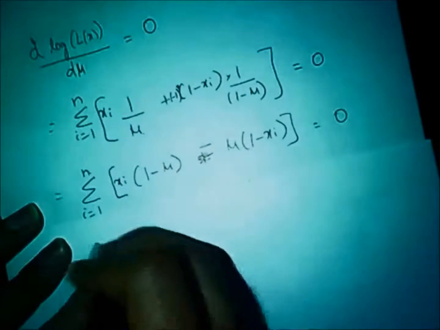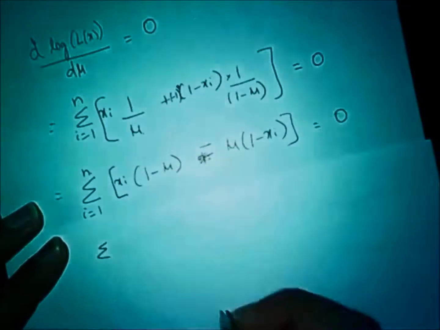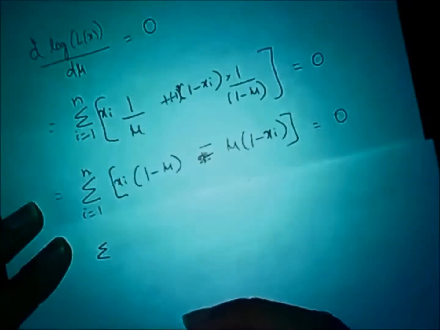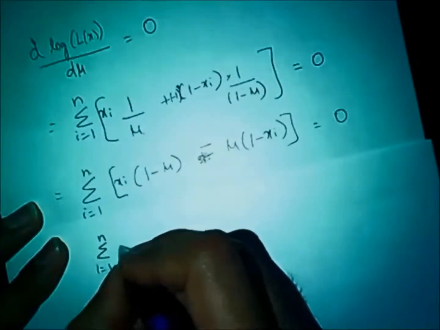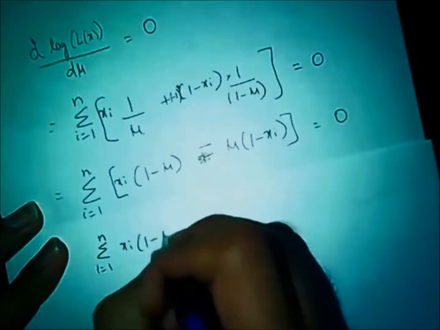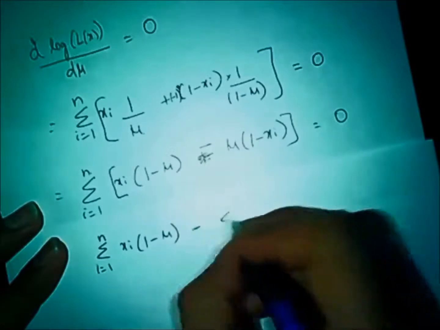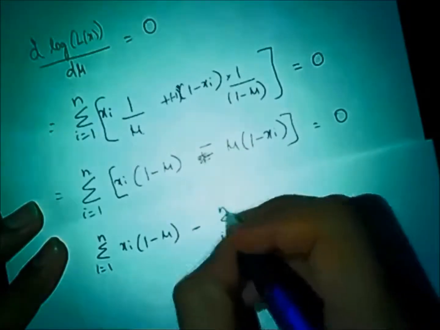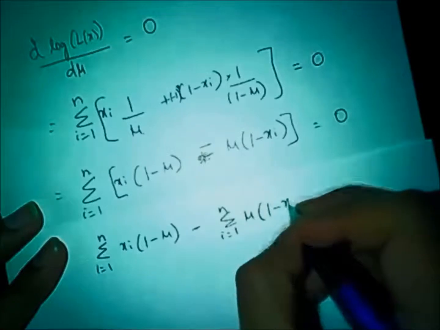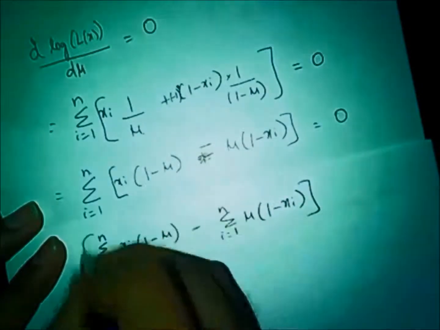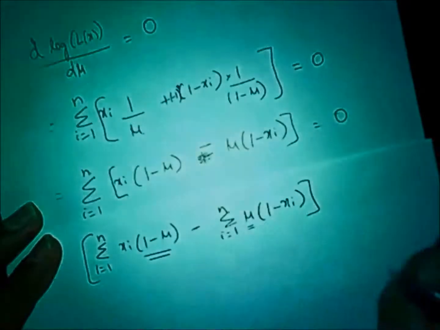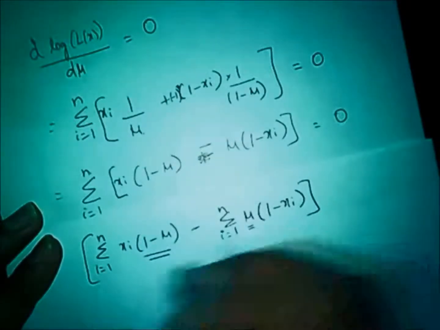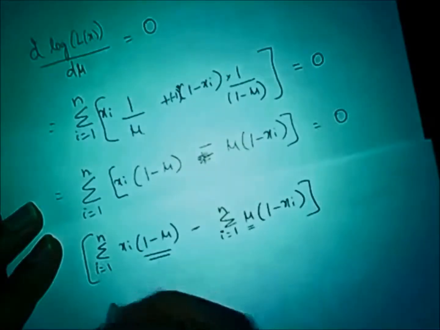So continuing with the derivation, after we equate the differential of the log of likelihood to 0, we are going to get xi times 1 minus mu minus, I have just distributed the summation to the two terms, and you know that this 1 minus mu and mu don't interfere with the summation, so we can take them outside.